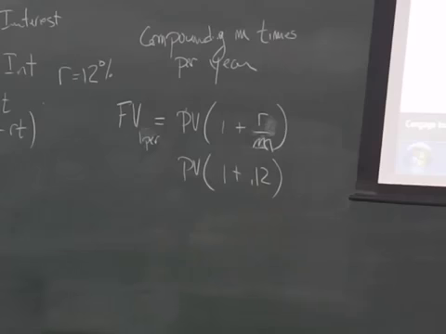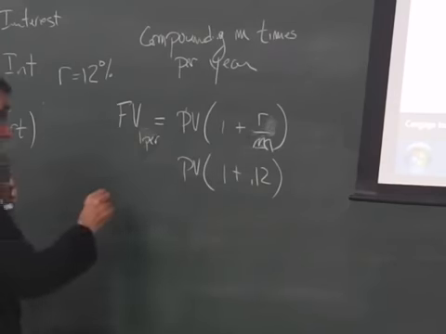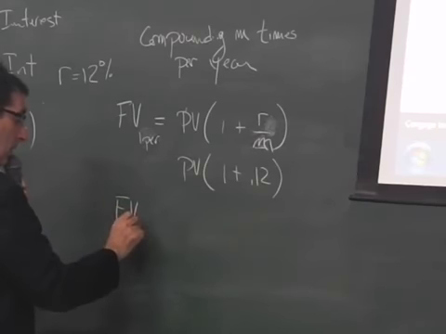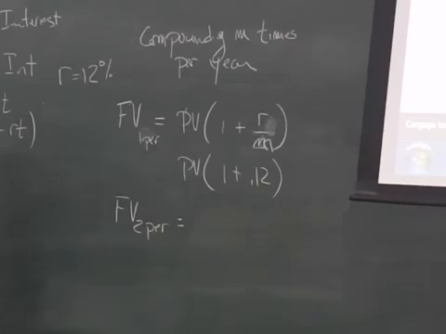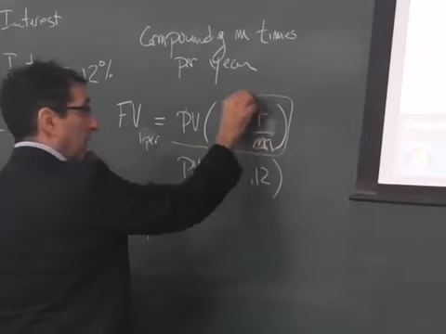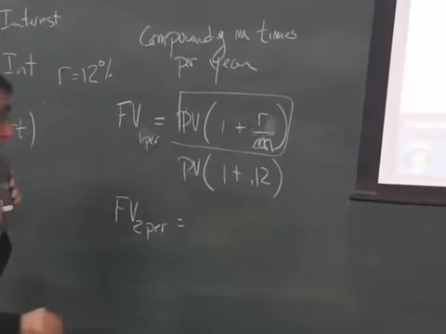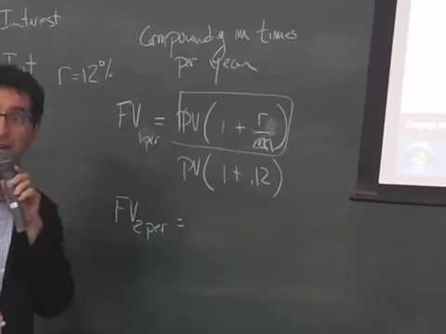Then I want to calculate what it is at the end of the second period. So how much do I have at the beginning of the second period? I have this, right? So that's my new present value.